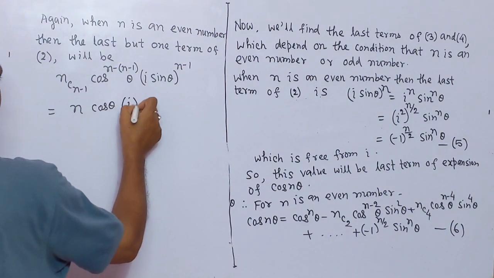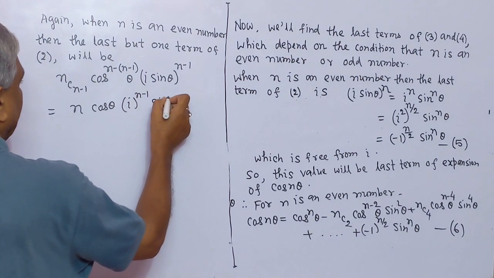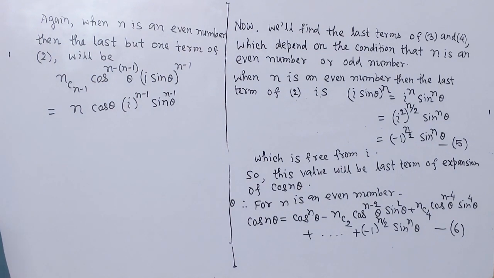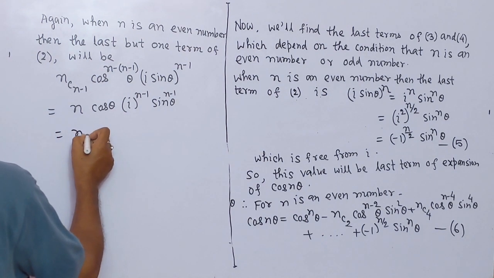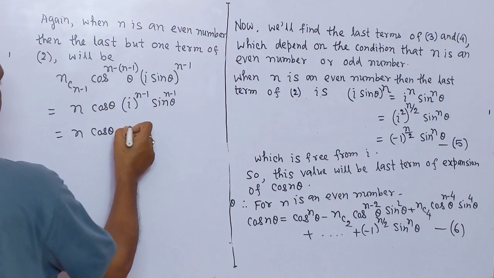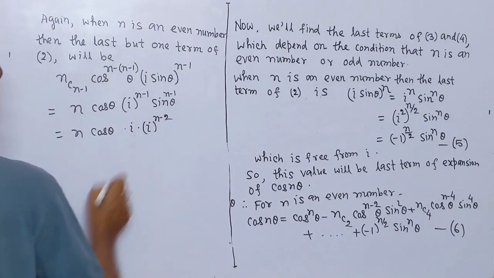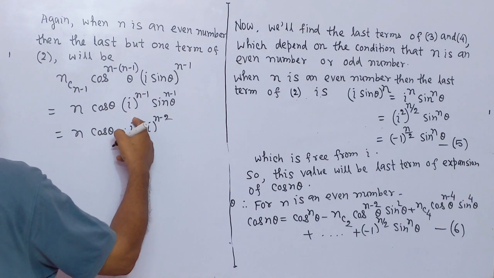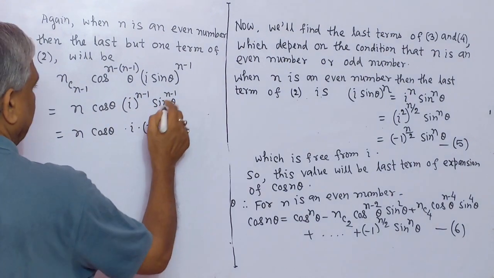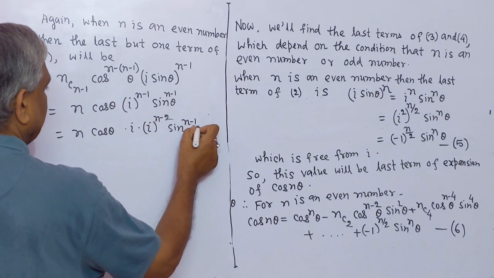Here i to the power n minus 1 sin theta to the power n minus 1. This equal to n cos theta. We write this as i multiply i to the power n minus 2, i to the power 1 and i to the power n minus 2, and here sin to the power n minus 1 theta.